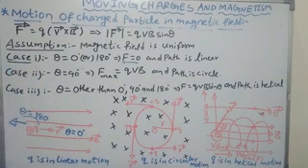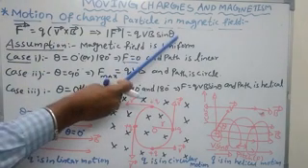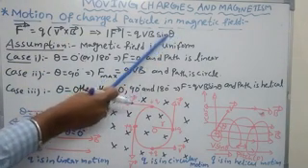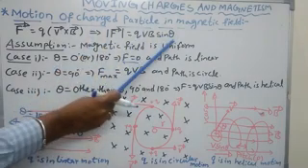Come to case 2. If the angle between the velocity of the charged particle and the magnetic field is 90 degree, the charged particle is moving perpendicular to the magnetic field. If theta is equal to 90, then sin 90 is 1.